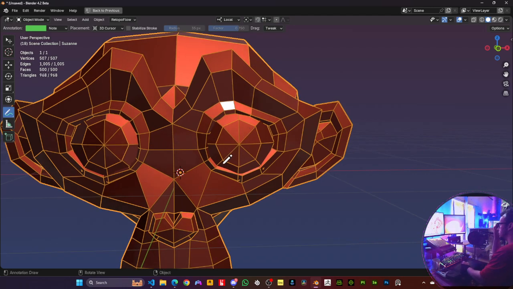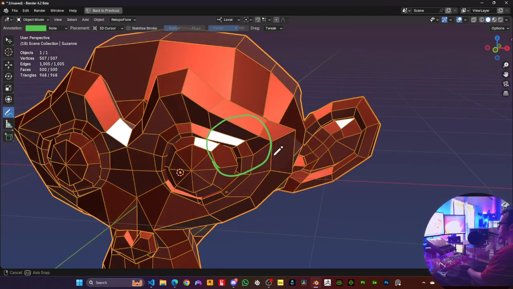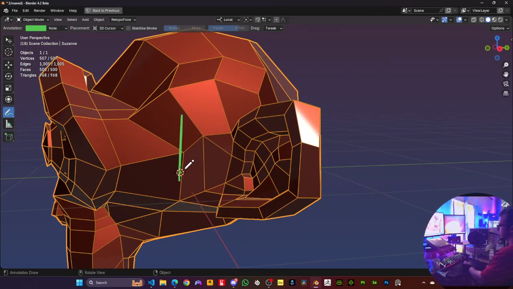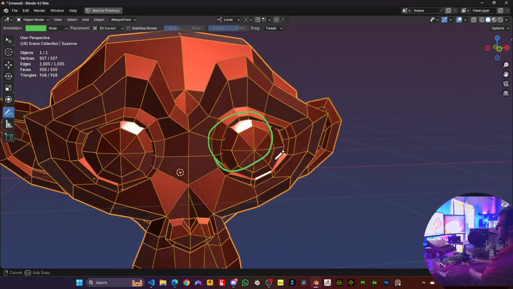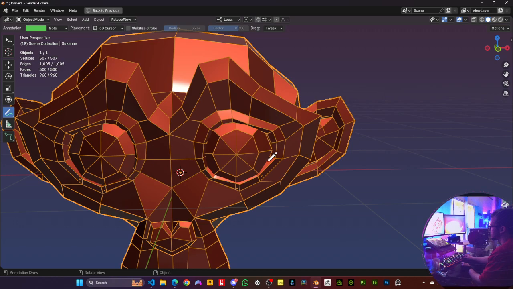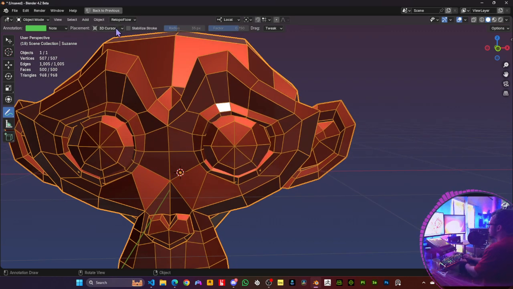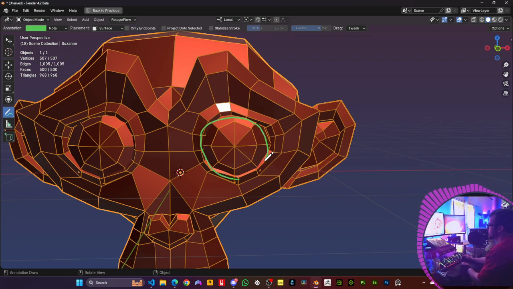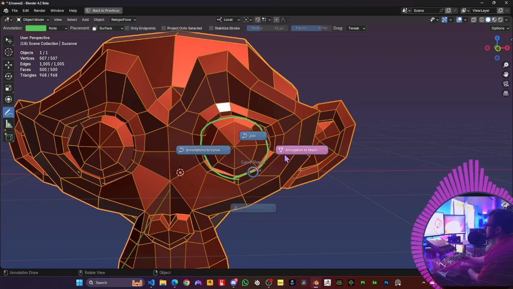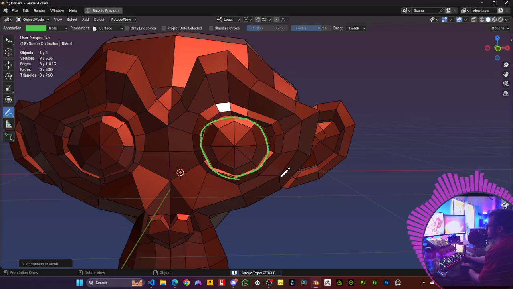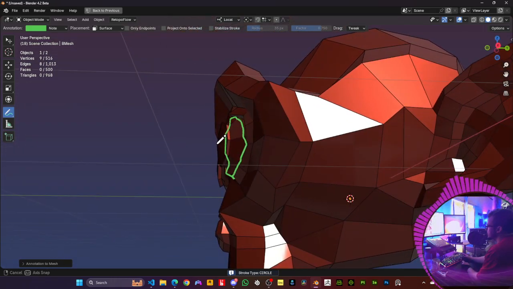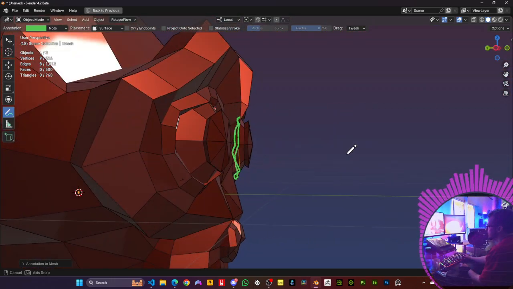I could do this, but it's gonna go where the cursor is. I could do this, and here it's gonna fail. Pretty sure it's gonna fail. Still gave me a circle because it's, yeah, sure.